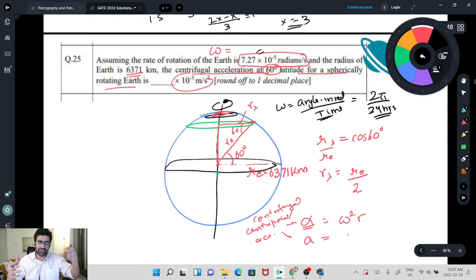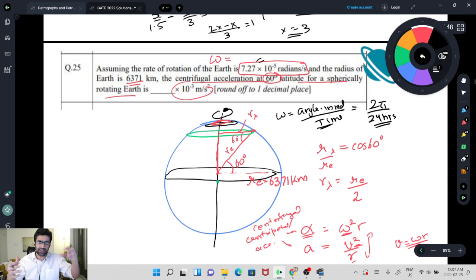You would have studied this as v square by r. This v square by r is the acceleration, and if the angular velocity is known to you, then it becomes omega square r, because v equals omega r, so omega square r square divided by r, and r gets cancelled. So this is the basic formula that you have to use.